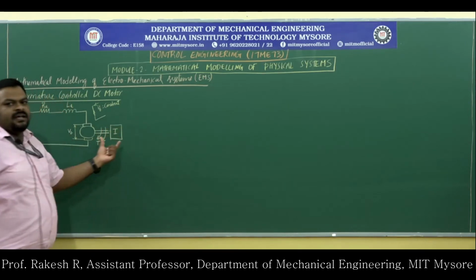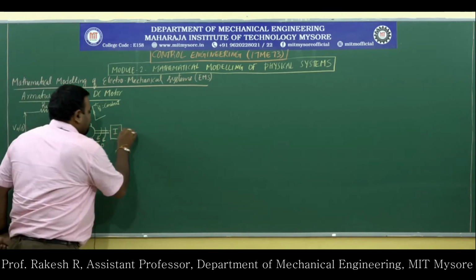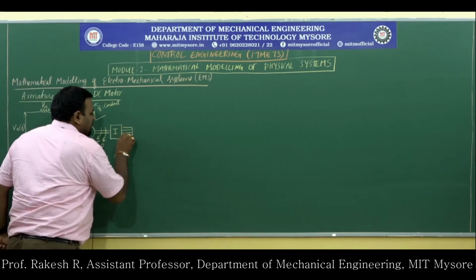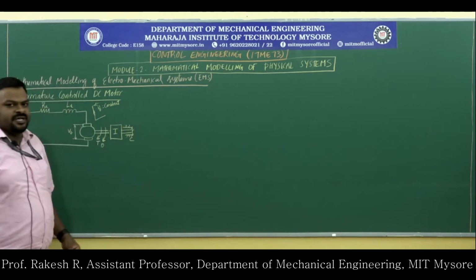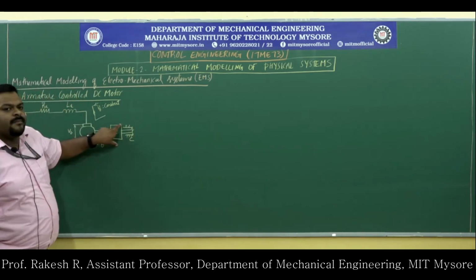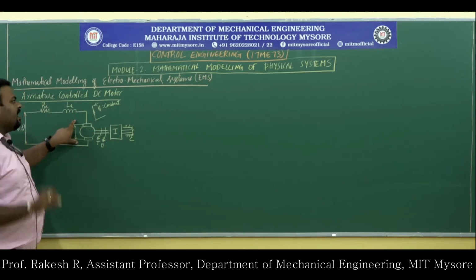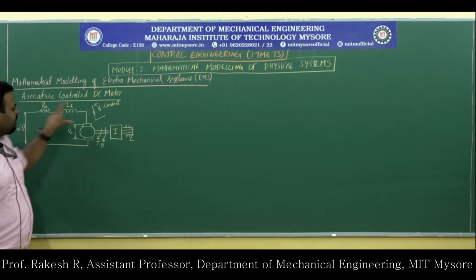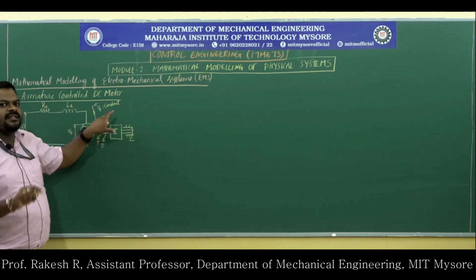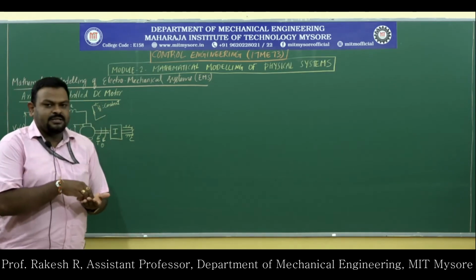Let I be the mass moment of inertia, and there is some amount of damping called C. So this is a mechanical system and this is an electrical system. While exciting the armature supply voltage, we get a torque in the mechanical system. So this is the armature controlled DC motor.